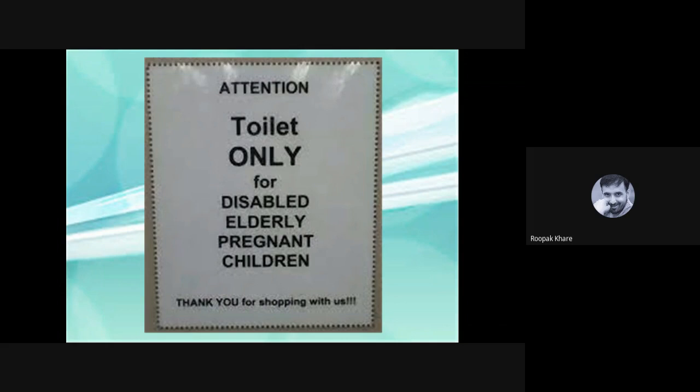Young men are not allowed to use that toilet. Chalo, understood once. But then what have you written there? There is no comma, there is no separator, there is nothing that tells whether you are talking about children who are pregnant and elderly and disabled, or people from these different categories. A major problem with written communication over here.